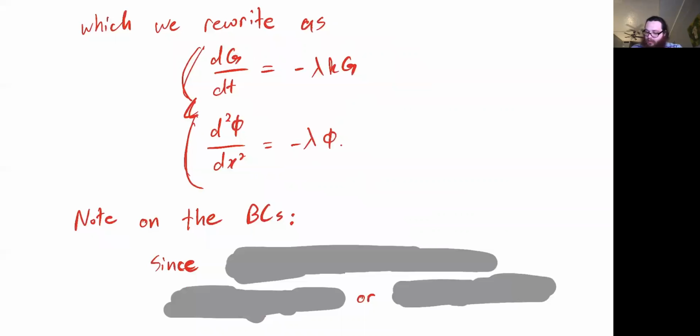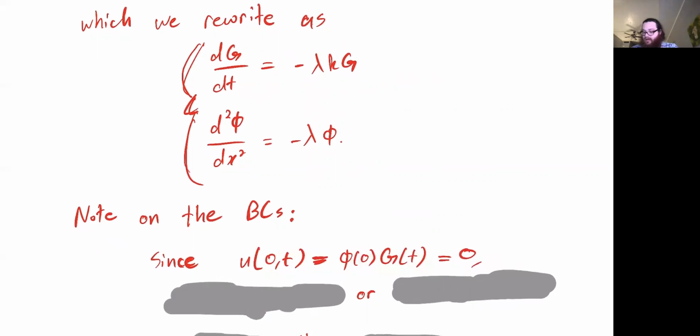So let's talk about the boundary conditions first, which we were given. Remember that the boundary conditions for u were 0 at the endpoints. So if we plug in u at 0 comma t, phi is the only thing that depends on x, so phi of 0 times g of t is this thing here.